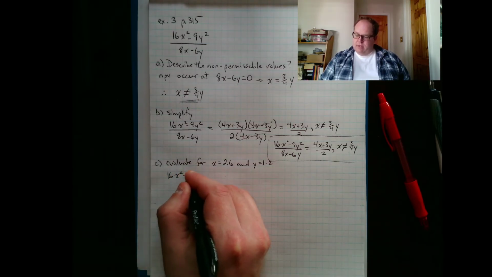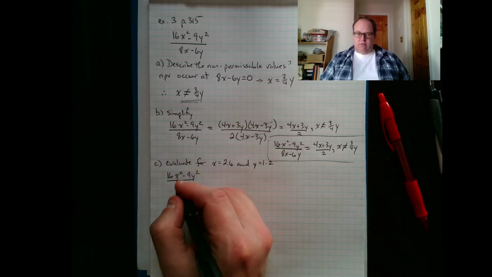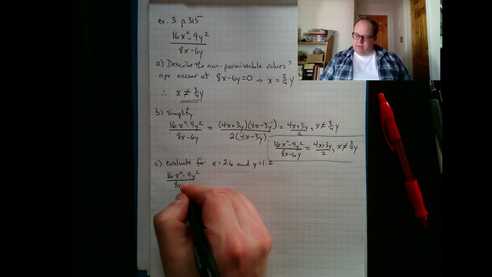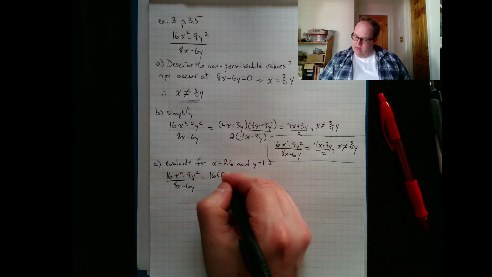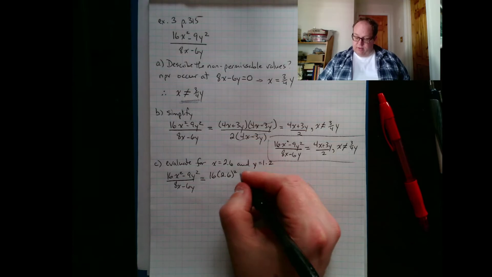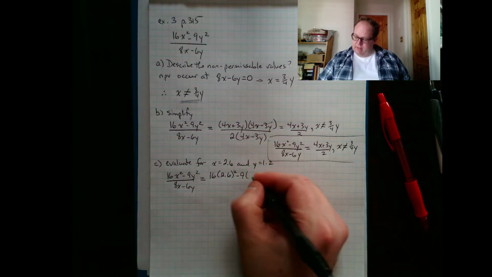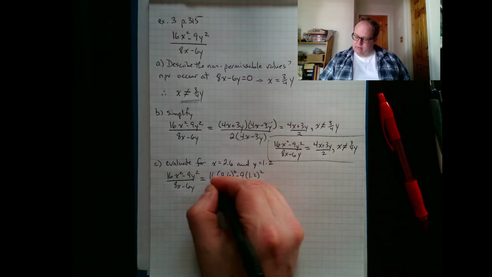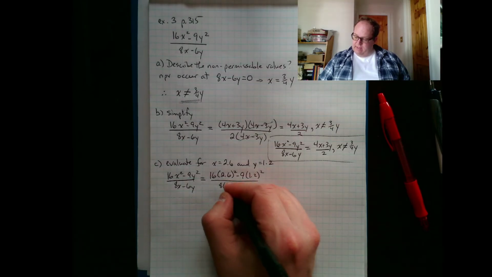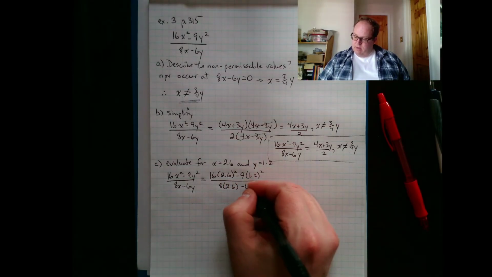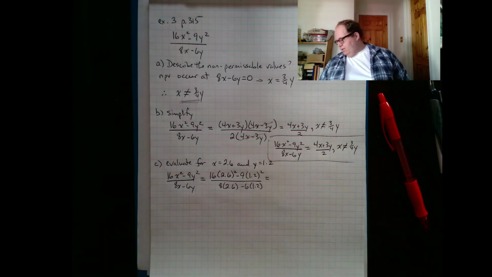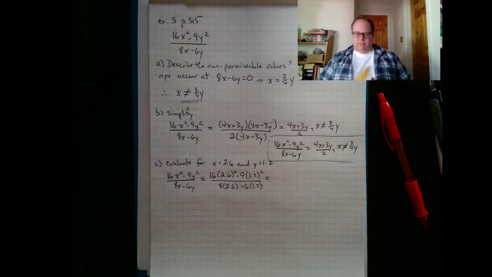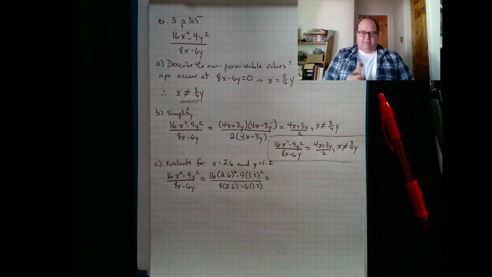16x squared minus 9y squared over 8x minus 6y would be the same as, in this case, 16 times 2.6 squared minus 9 times 1.2 squared over 8 times 2.6 minus 6 times 1.2. If I work that out, I trust the calculator.